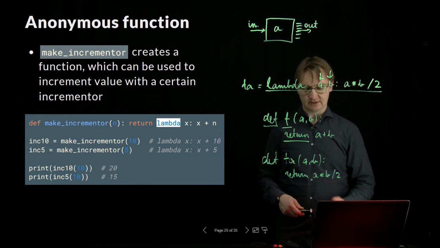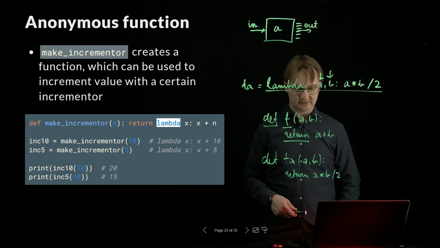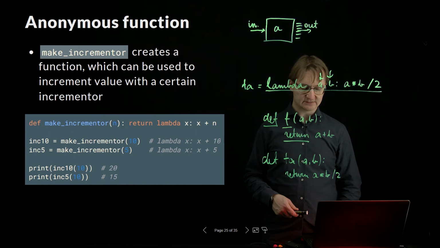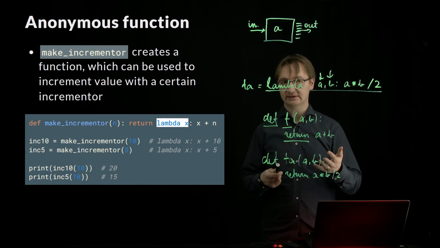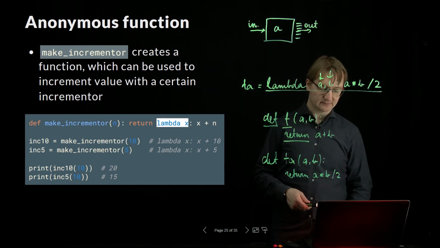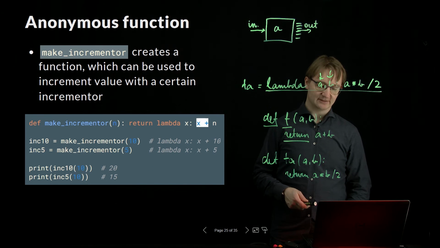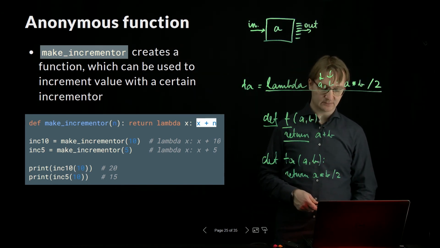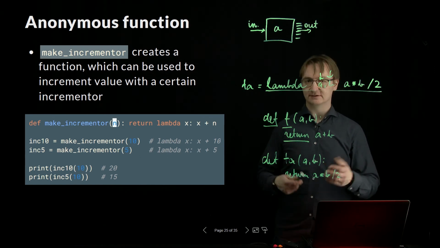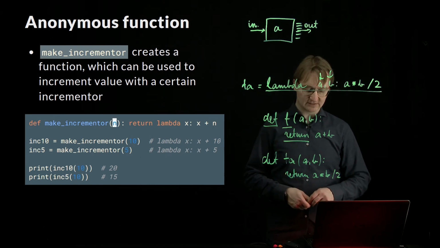So the make incrementer, if I pass here 5, what happens is that it returns a function, and the function accepts a value x, and it returns x plus n. The n is the one which I created when I called this make incrementer.